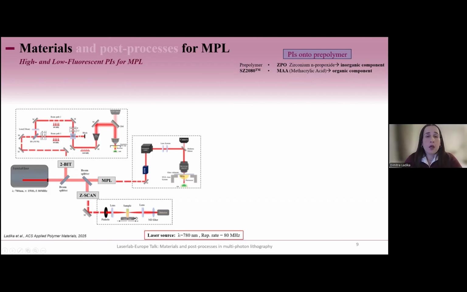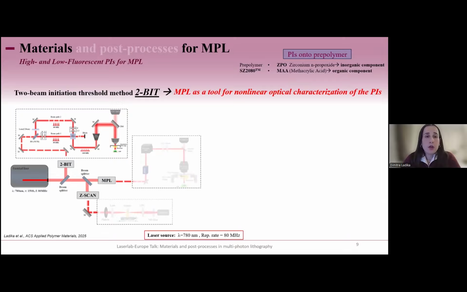And this was interesting because usually we don't study the photoinitiators inside the material due to the fear that we polymerize it before we characterize it. In this way, however, we used the polymerization in order to characterize them.